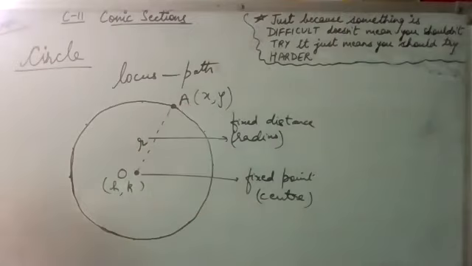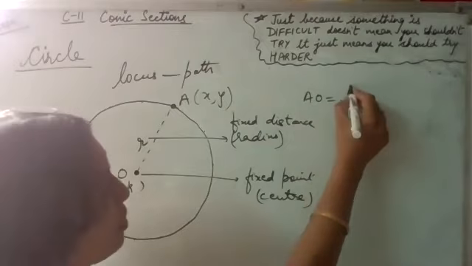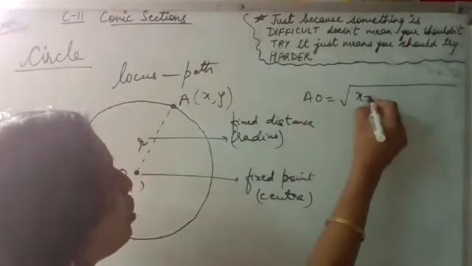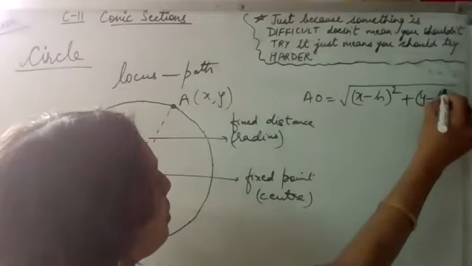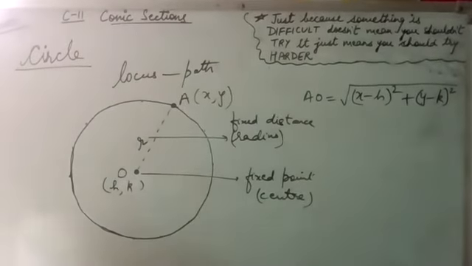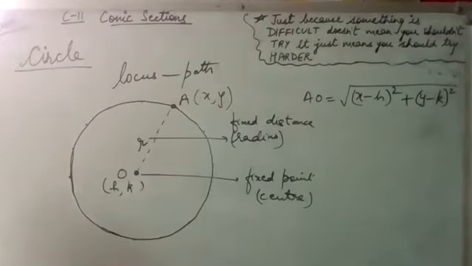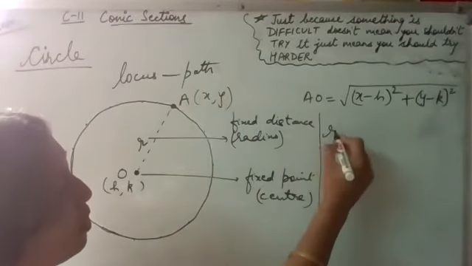Now AO is a straight line. We know the distance also, so we can apply our distance formula. That is the square root of (x minus h) whole square plus (y minus k) whole square. You know that distance formula, (x2 minus x1) whole square plus (y2 minus y1) whole square. And this AO distance is r.